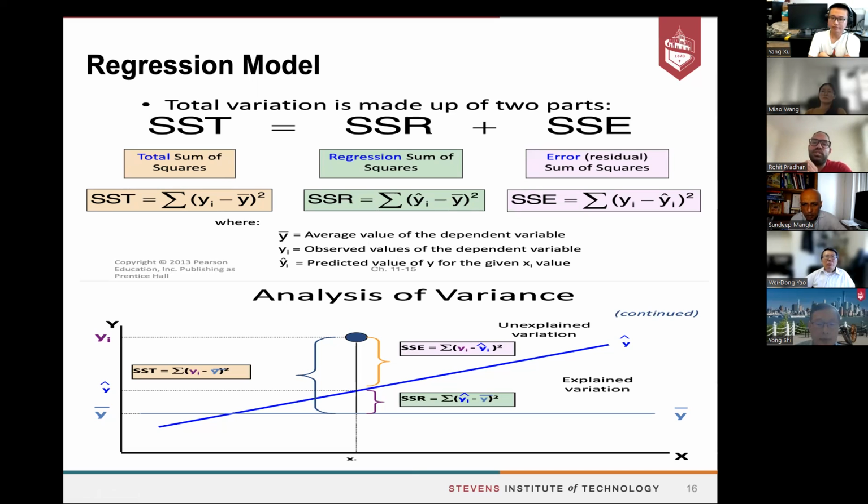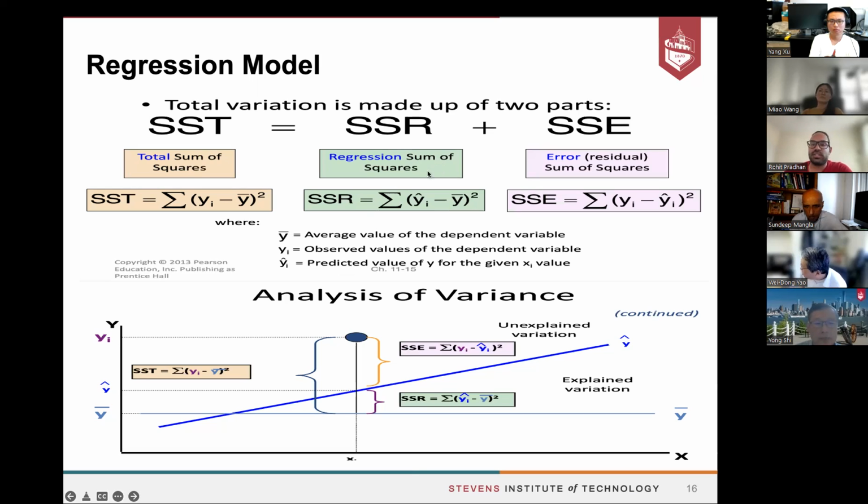When we find the difference between the observed values and the predicted values, it is known as the residuals, or the error between the actual values and the predicted values.